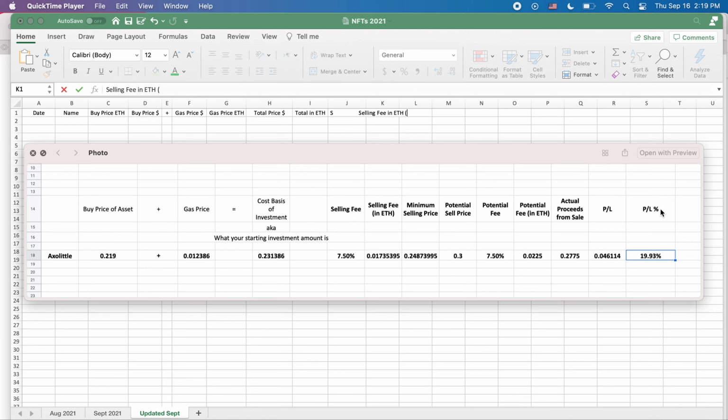Now to get the percentage of how much we actually made percentage-wise, we are going to take this number, 0.046114, and divide by the cost basis, 0.231386 equals, and you're going to get 0.1992. And because it turns into a percentage, you have to move the decimal place over 2 places, and that's how you get 19%.